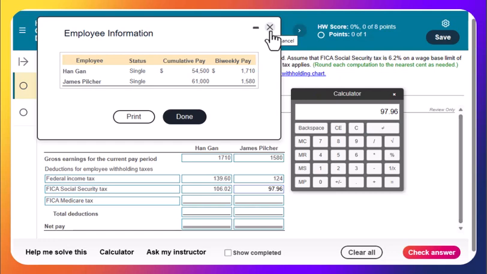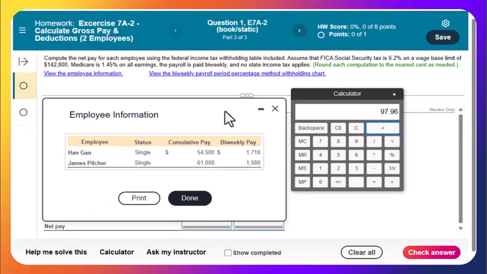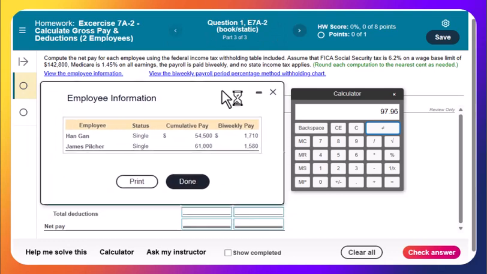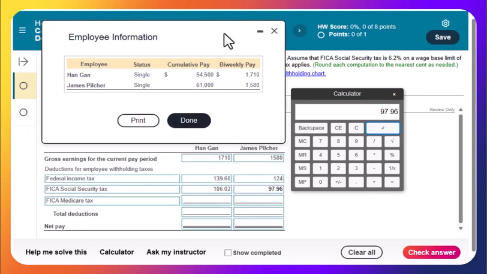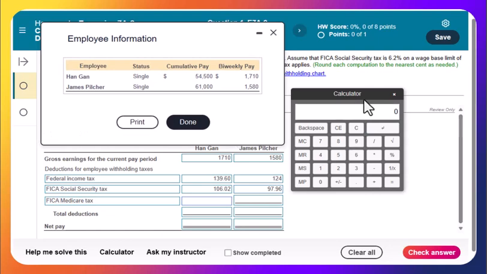And then as for our Medicare tax, let's have a look back here. There is no wage base limit for that. So let's go ahead and calculate the Medicare tax here for each, and there is no wage base for Medicare. So it is a 1.45% rate.